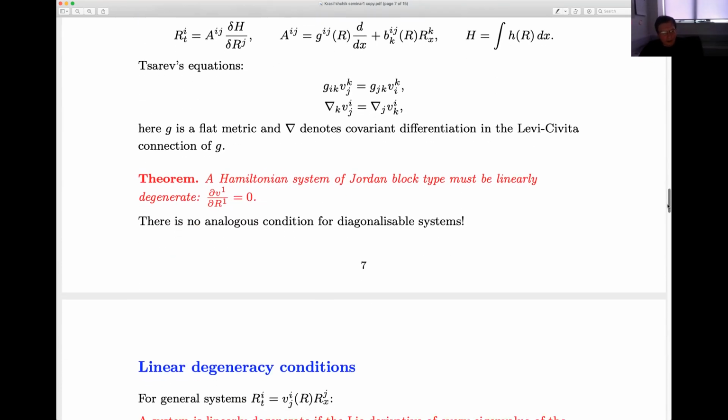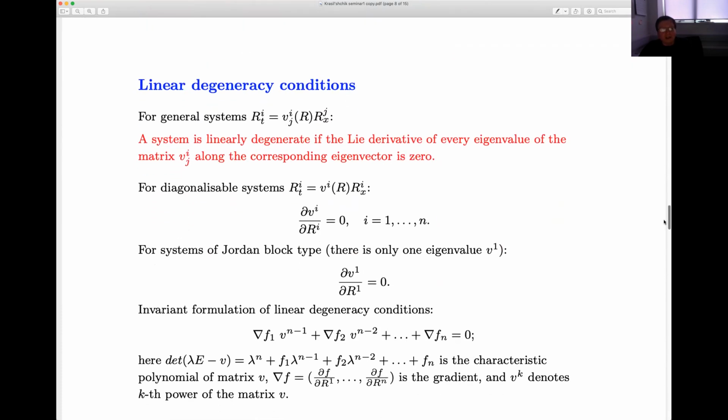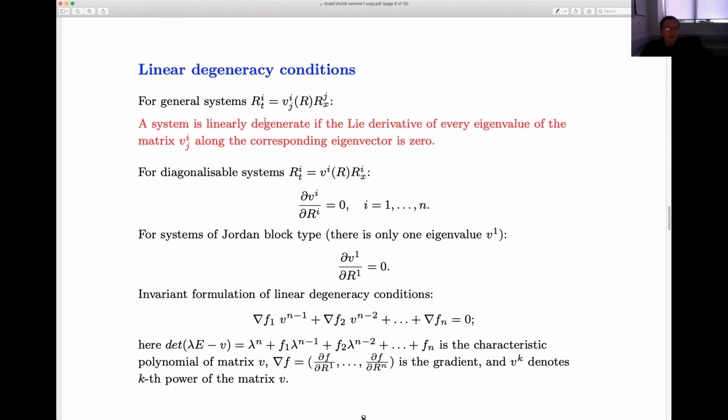So now a few words about linear degeneracy in general. When do we call a quasi-linear system like this linearly degenerate? Here Vij is some matrix. So we call this system linearly degenerate if derivatives of the eigenvalues of this matrix are constant along the corresponding eigenvectors.